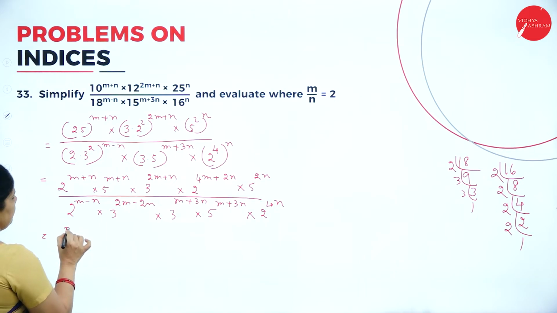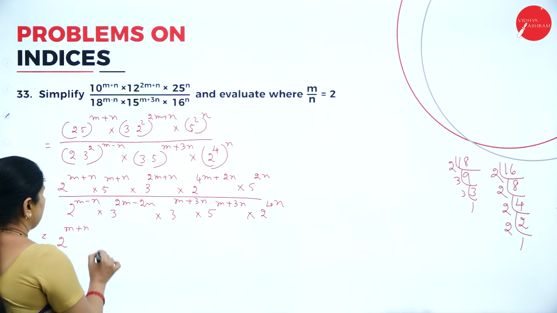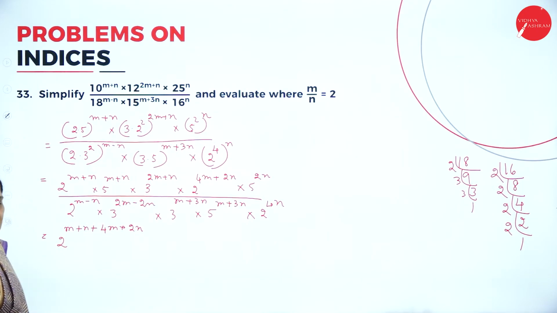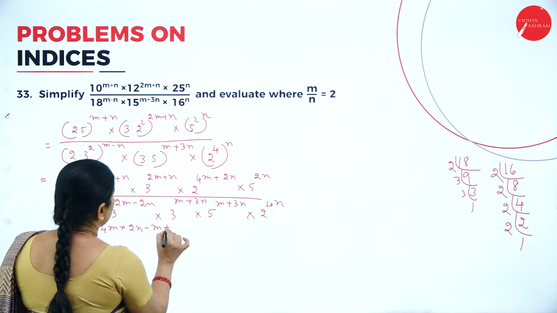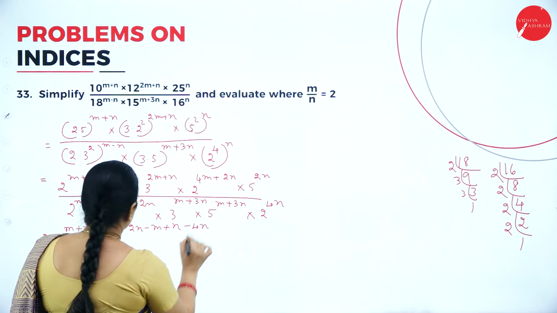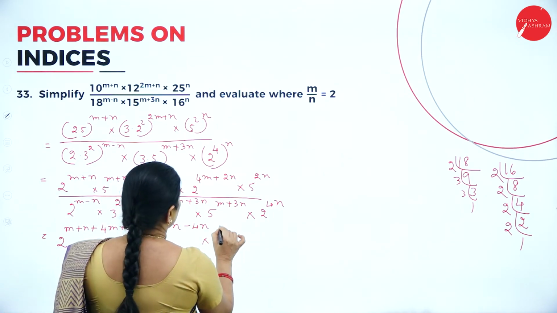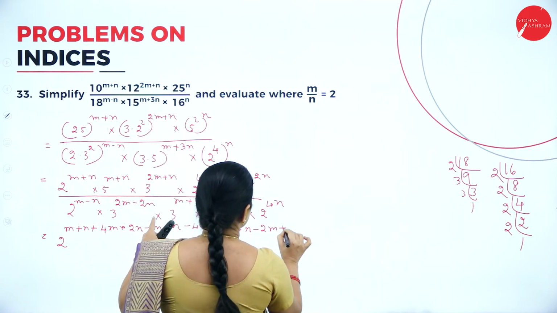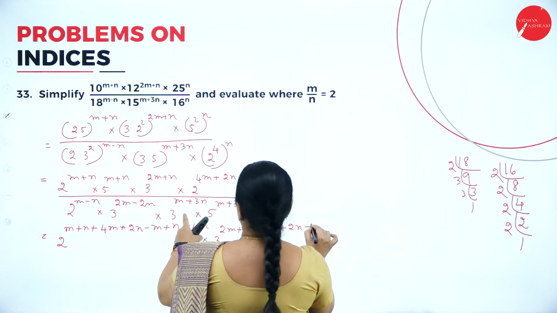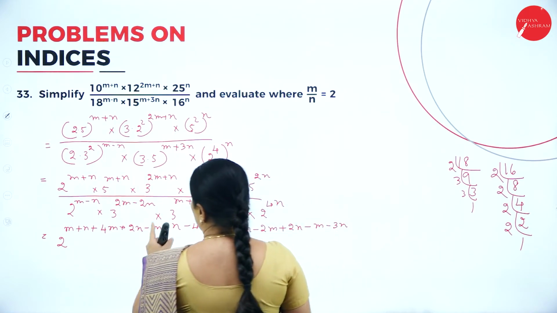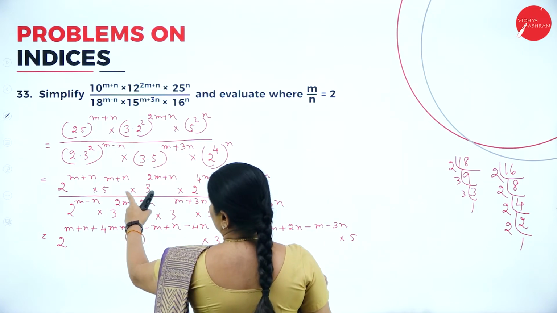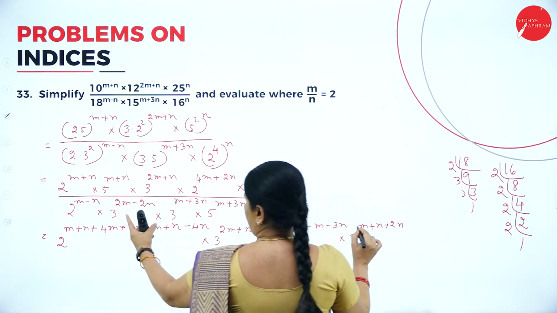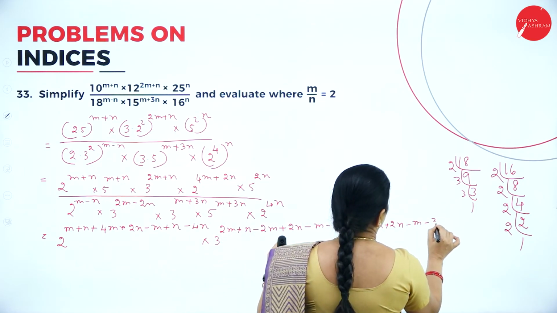So 2 to the power of m plus n, then here plus 4m plus 2n, then in the denominator I have m minus n, so I will write minus m plus n minus 4n, then into 3 to the power of 2m plus n minus 2m plus 2n minus m minus 3n, into 5 to the power of m plus n plus 2n minus m minus 3n.